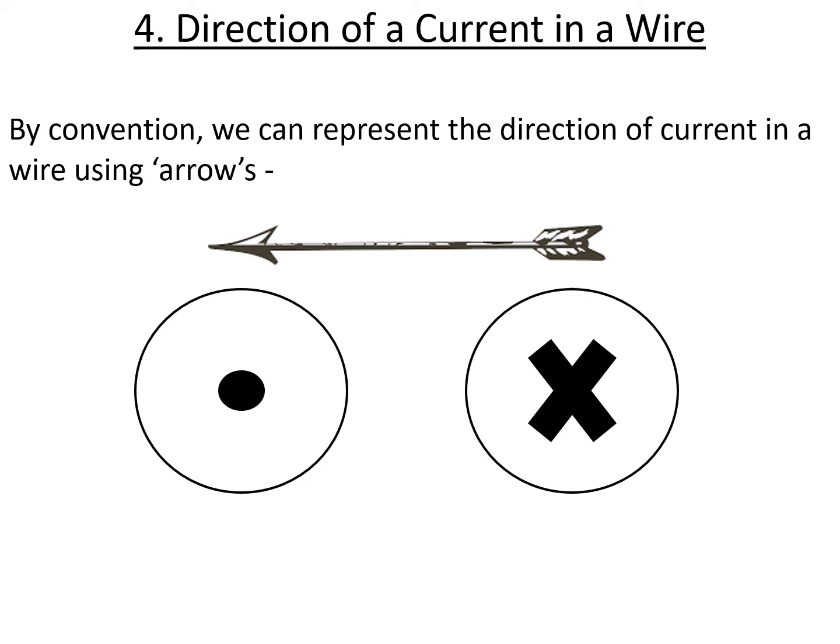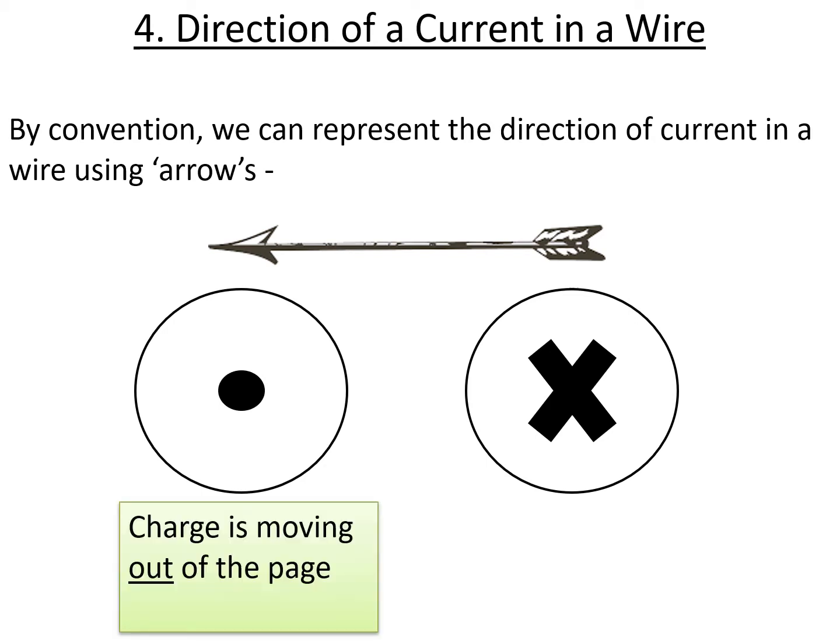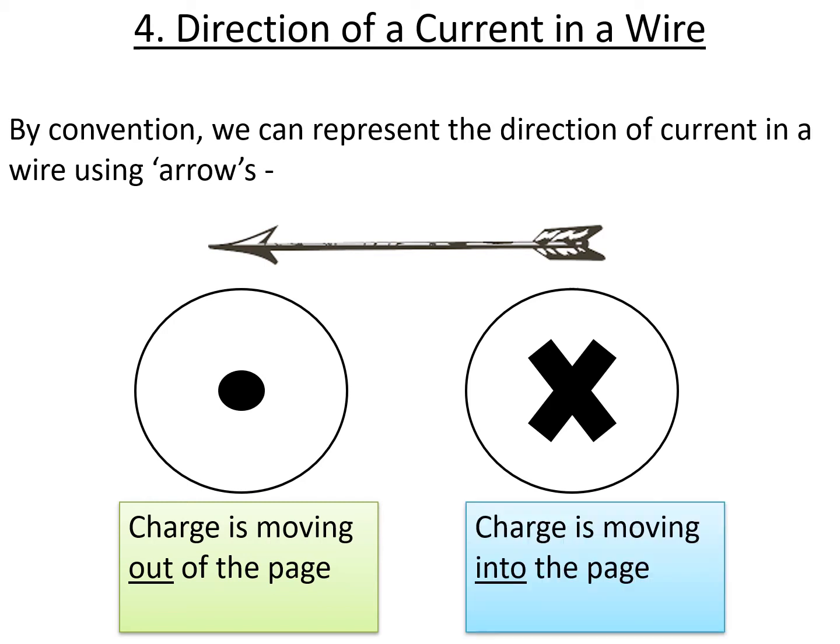If the charge was coming out of the page towards you, you would see the head of the arrow, which would look like this dot here. Oppositely, if you were looking at the charge moving away from you, you would only see the tail of the arrow, so that's why you would see the cross here. This is how we usually describe it: charges moving out of the page, charges moving into the page.